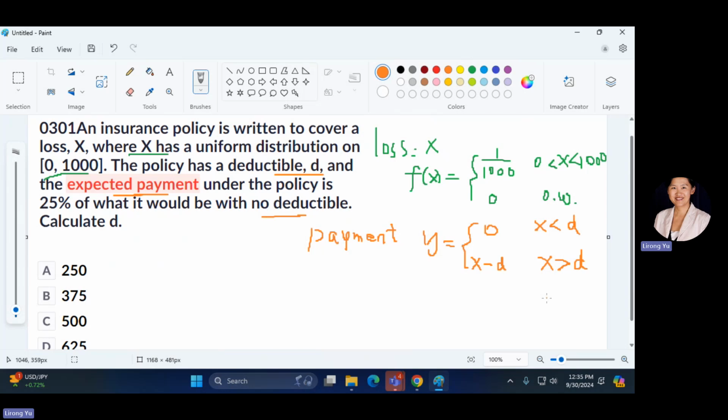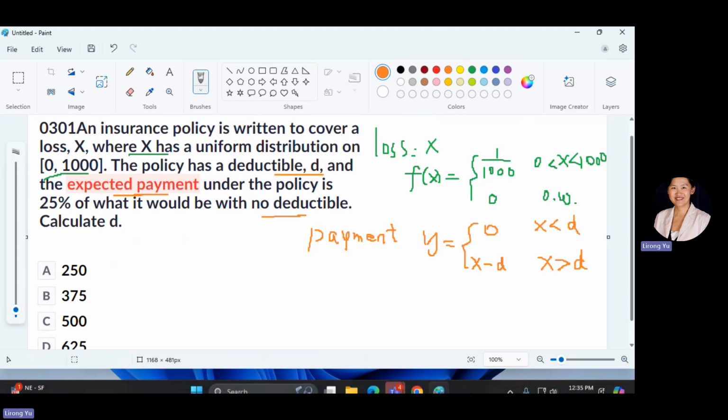So let's look at the two different payments. If the loss is uniformly distributed between 0 and 1,000, the mean value would be 500, the average payment.